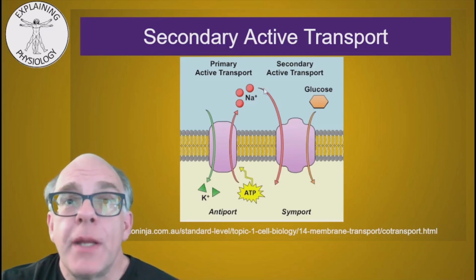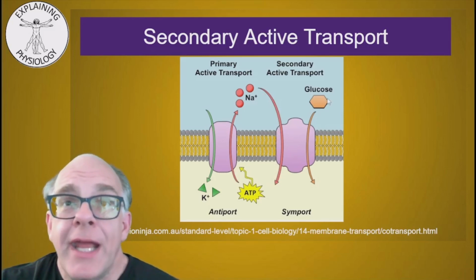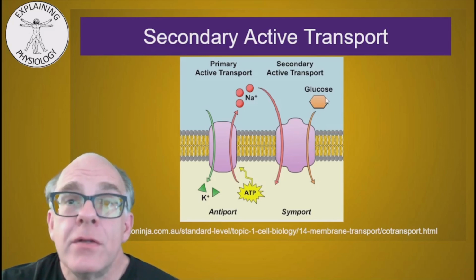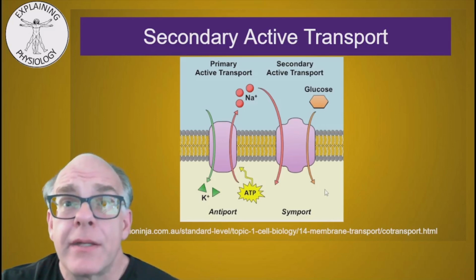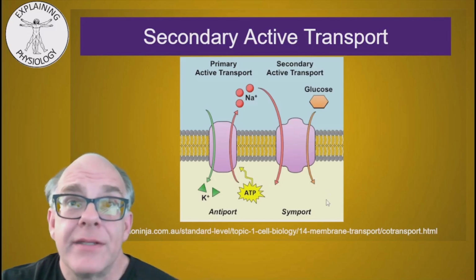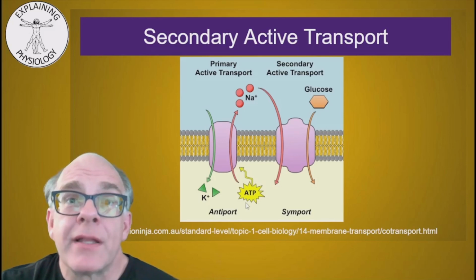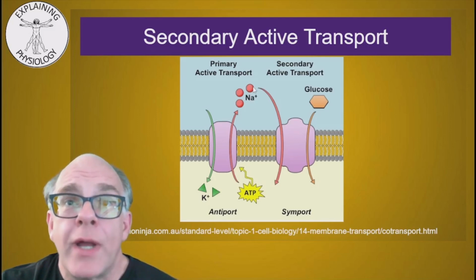So as sodium is moving down its concentration gradient, it is going to be driving a shape change, which is going to have the effect of taking glucose and moving glucose, again, against its concentration gradient into the inside of the cell. So in this case, ATP is not driving the process directly. ATP is establishing the concentration gradient, and it's that concentration gradient that is driving the process of secondary active transport.